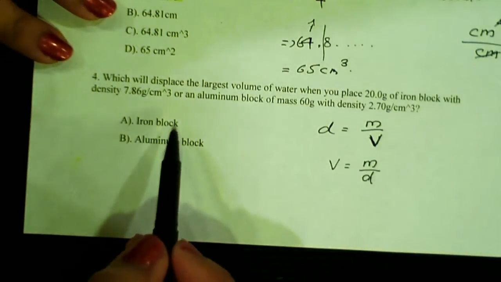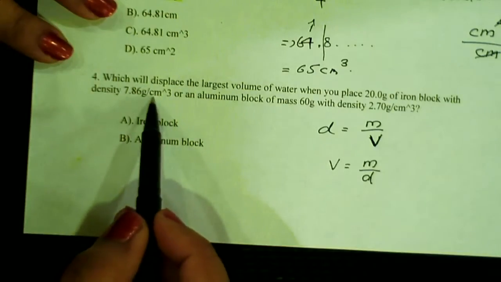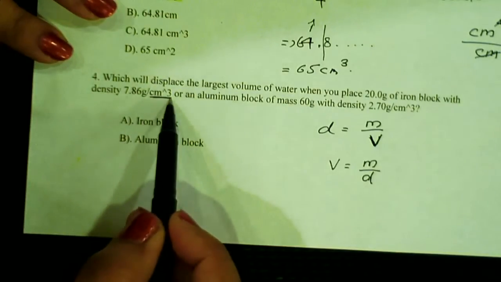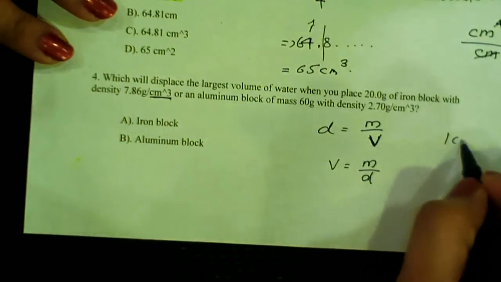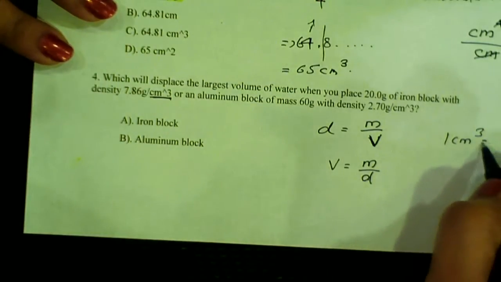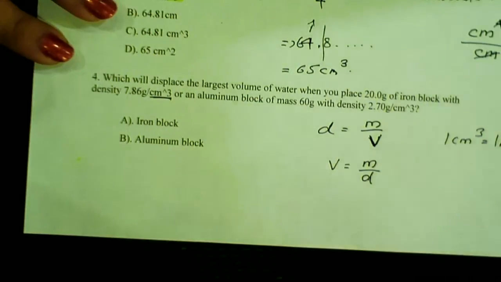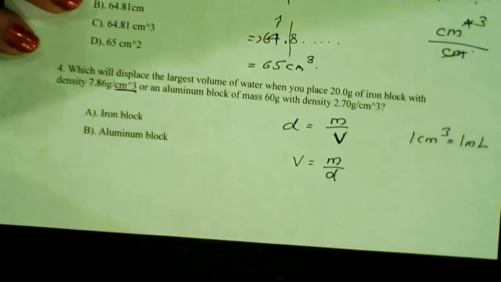These are given in centimeter cubed, right? The volume is given in centimeter cubed. 1 centimeter cubed is the same as 1 milliliter. For liquids we say volume in milliliters, and for solids the volume will be in centimeter cubed. You have to remember this conversion: 1 centimeter cubed is the same as 1 milliliter.